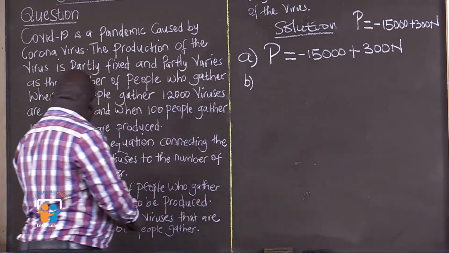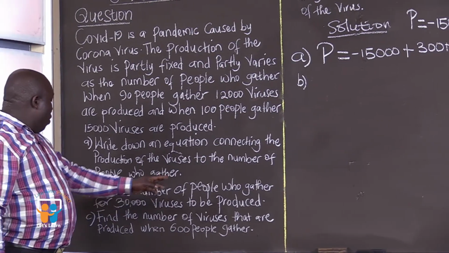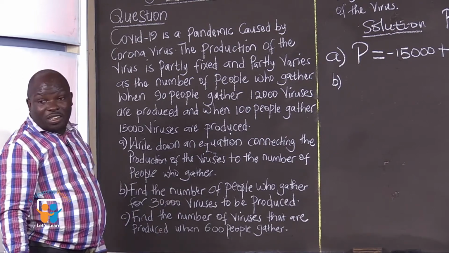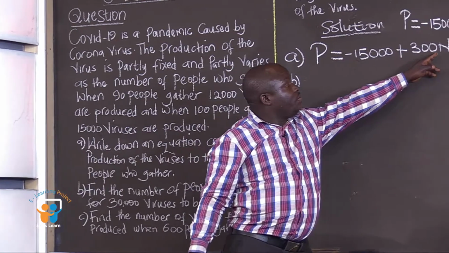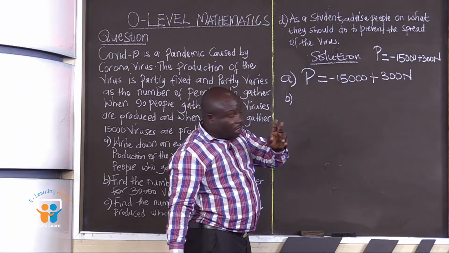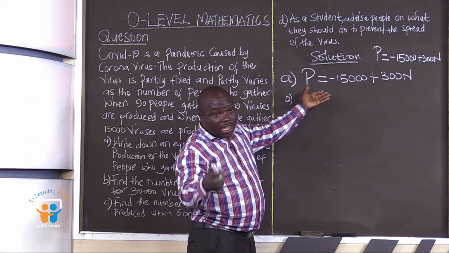Part B is telling us to find the number of people who gather for 30,000 viruses to be produced. Find the number of people N. When the virus produced is 30,000, we simply substitute in our equation.